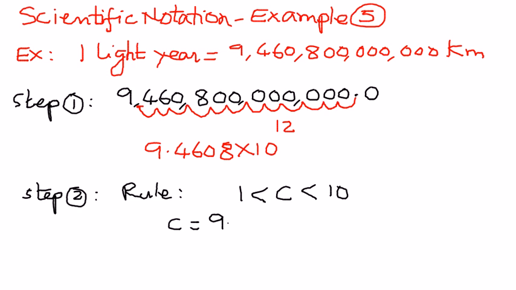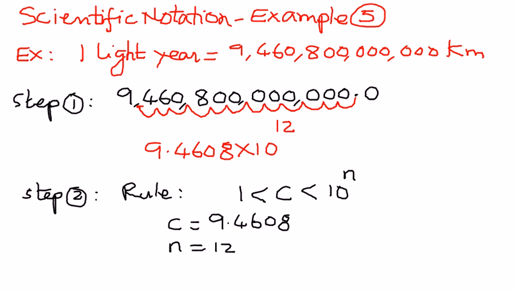C is 9.4608, which is greater than 1 and less than 10. And the value of n here, 10 to the power of n, is 12. n is an integer. Therefore, this is in accordance with the rules specified by scientific notation.